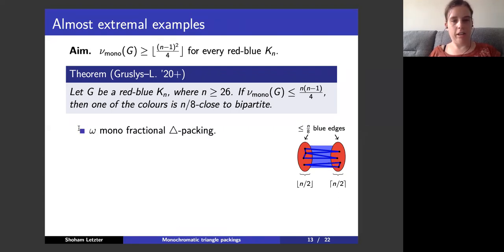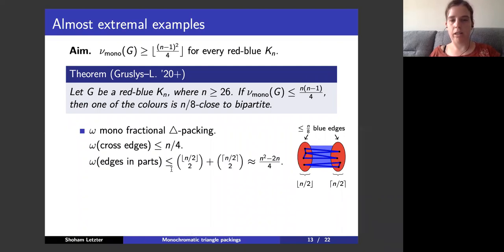And now if I look at any packing omega, I can notice that the weight of the cross edges is at most n over 4, because every triangle that contains any cross edges contains at least one of these blue edges. There are at most n over 8 of them, so the weight of the cross edges is at most twice that, because in every triangle there can be at most 2 cross edges.